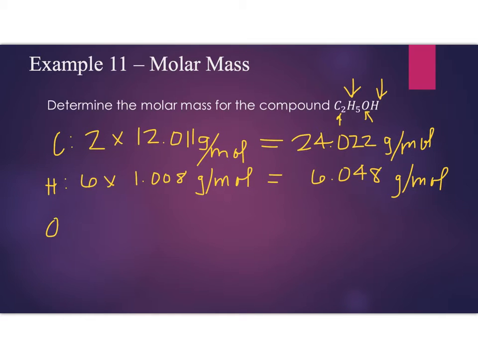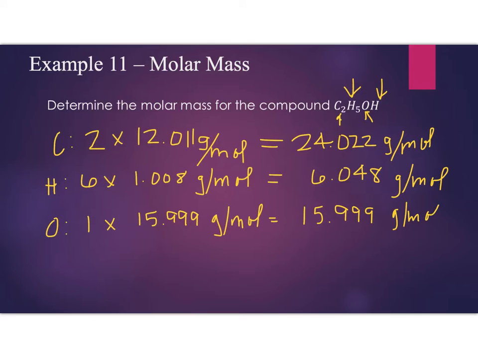And I can see that we just have 1 oxygen. And if you look up the molar mass of that, that is 15.999 grams per mole. So if I multiply that by 1, I end up with my 15.999 grams per mole. Now, because it asks for the molar mass of the compound, I'm now going to add all of these together, and you should get something around 46.069 grams per mole.